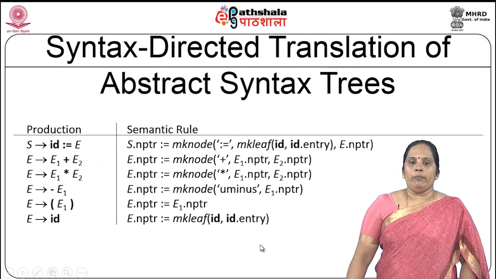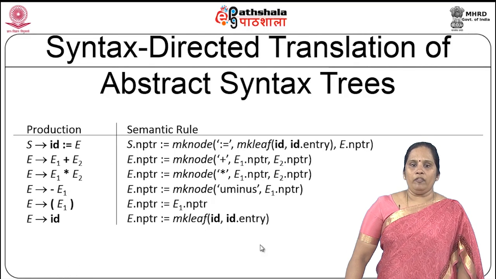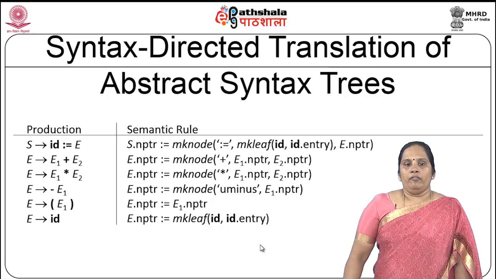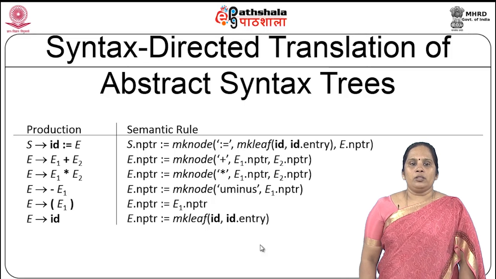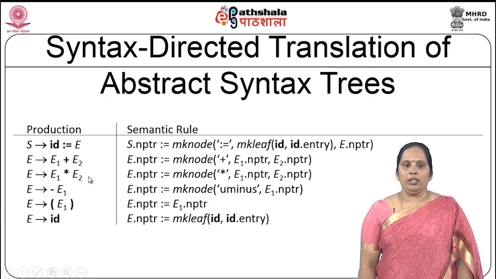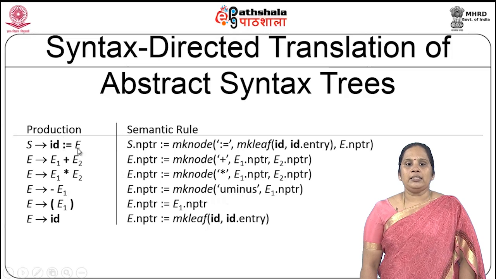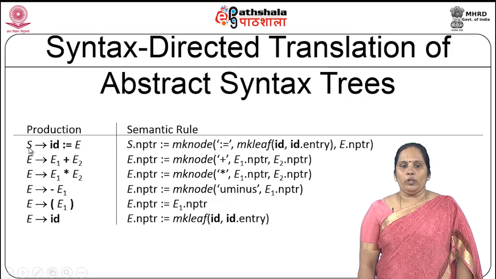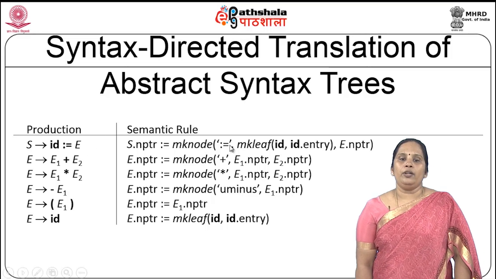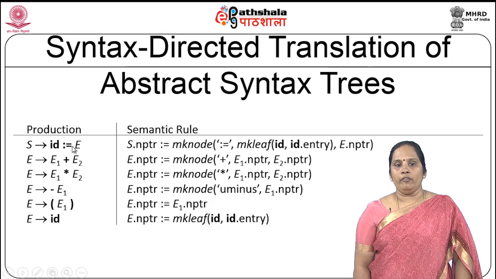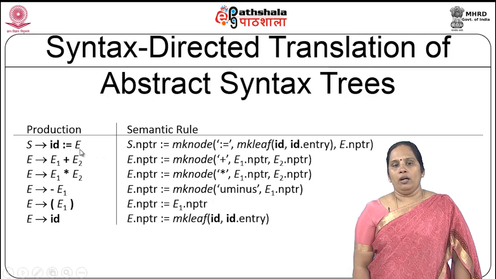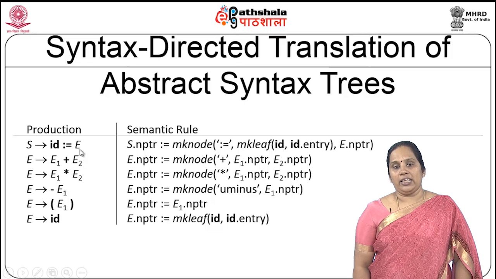Now let us take this example. We have already looked at a part of it in the previous module, where we are doing a syntax directed translation of abstract syntax trees. Again that is based upon the production and upon writing a semantic rule for the same. So for this I create a node pointer for the variable s, using a function make node whose operator is the assignment operator, and I do a make leaf of id, and there is one more e, which is again an address, again a node.